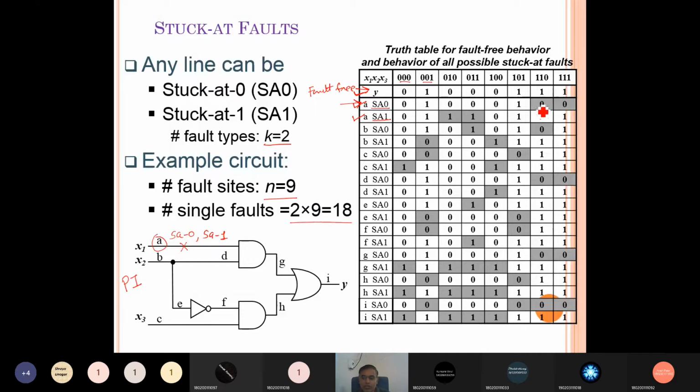Similarly, keep the stuck-at 1 fault present and find the output. Prepare this table by keeping one fault at a time, finding the output for all 8 possible combinations, and marking the outputs that differ from the fault-free output. Is the preparation of the table clear?